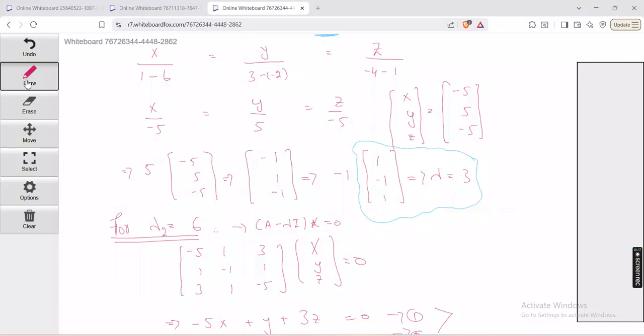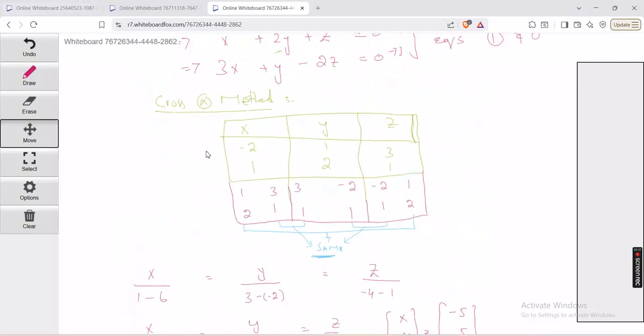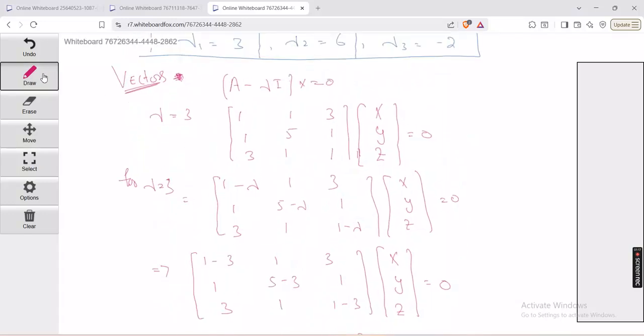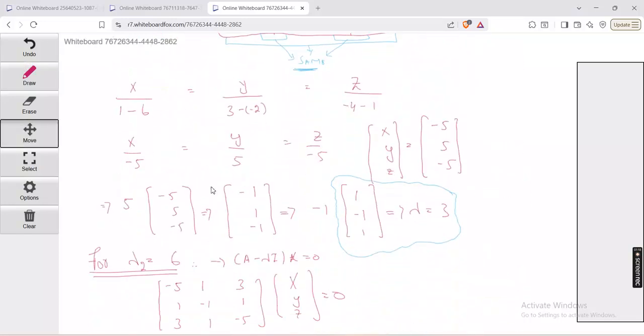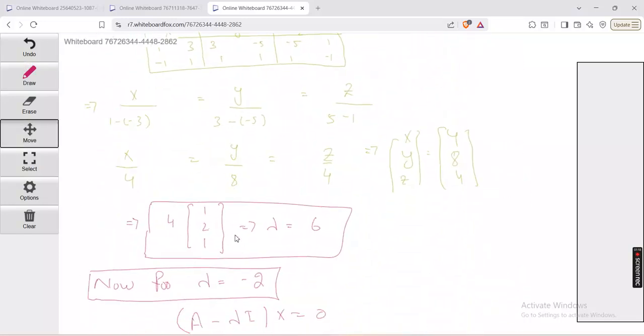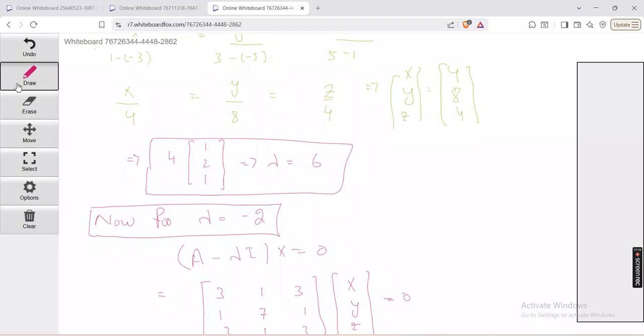This is 2. This is 1. And once you do it for the 2, all the procedure is the same. And this is for 3.